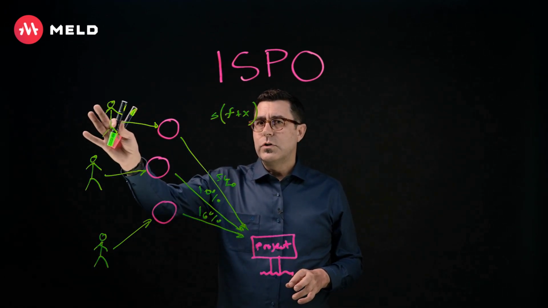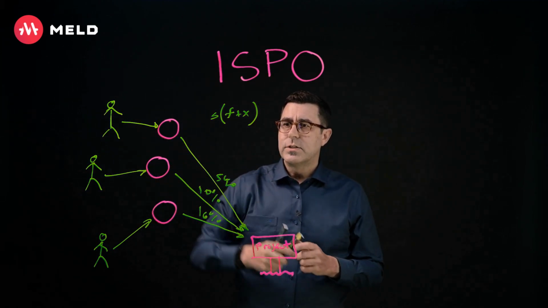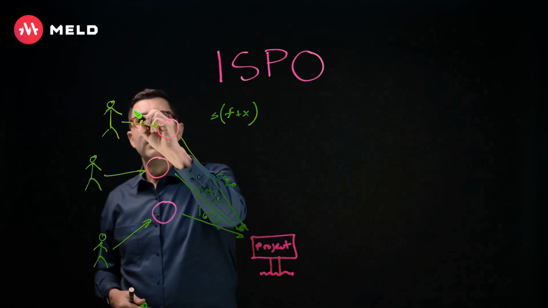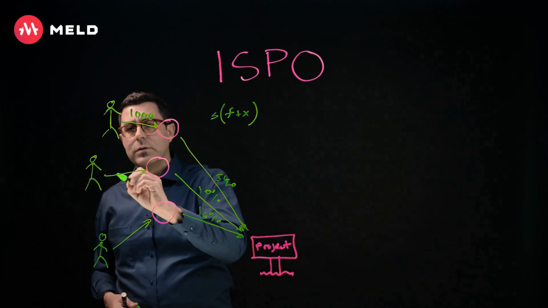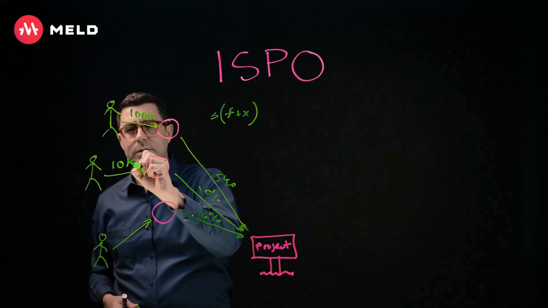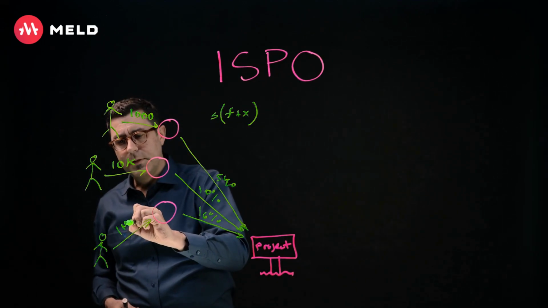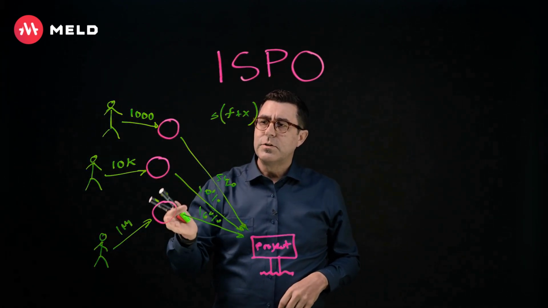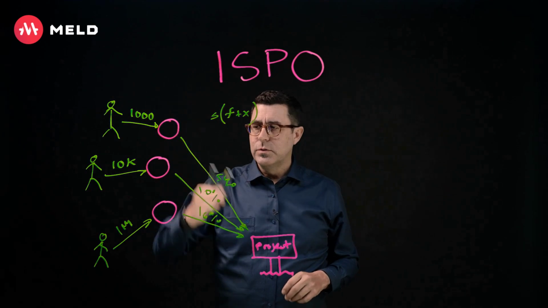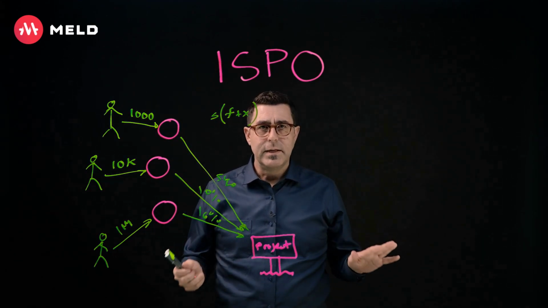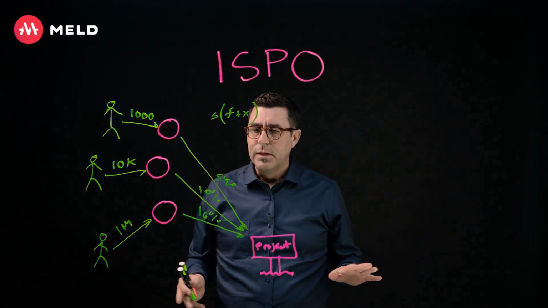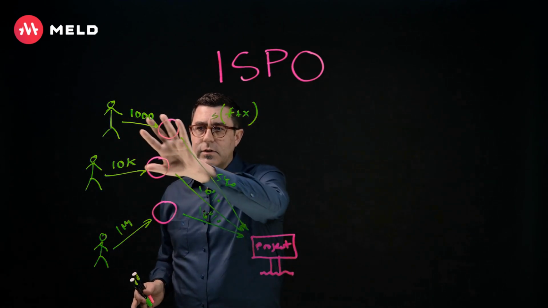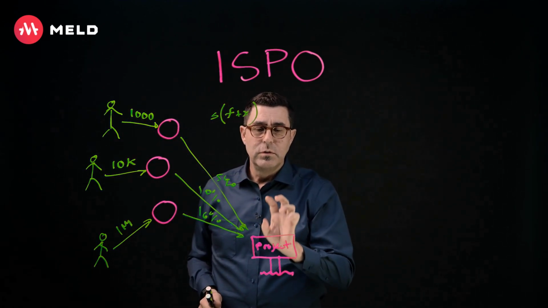So the user is going to, for example, let's say he's going to deposit 1,000 MELD tokens, or he's going to deposit 10,000 MELD tokens, or he's going to deposit 1 million MELD tokens. The tokens that they're depositing onto the nodes is safe. They can't be touched. Nobody can do anything with them. The tokens that they're supplying do not go to the project.